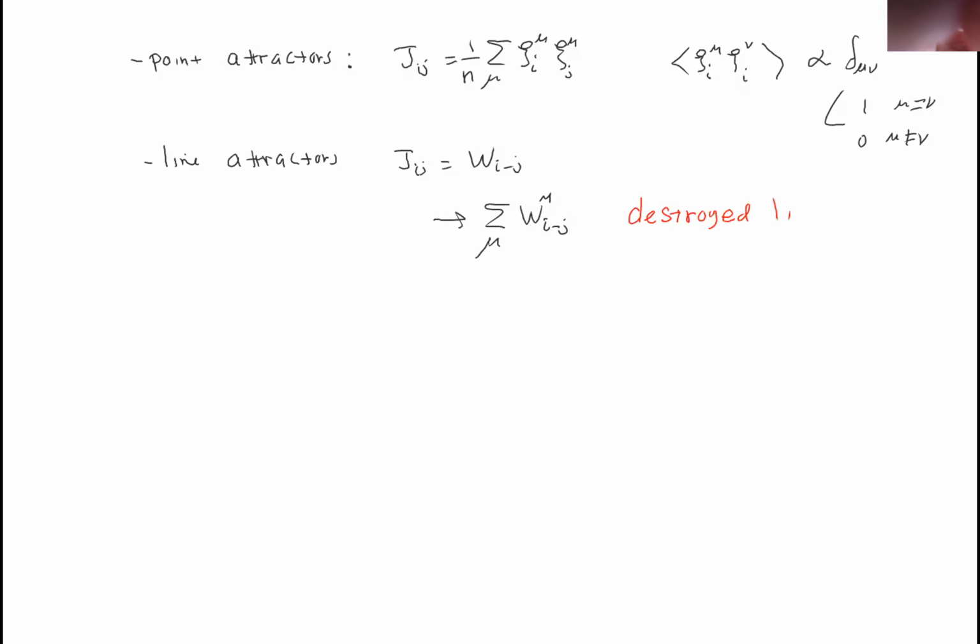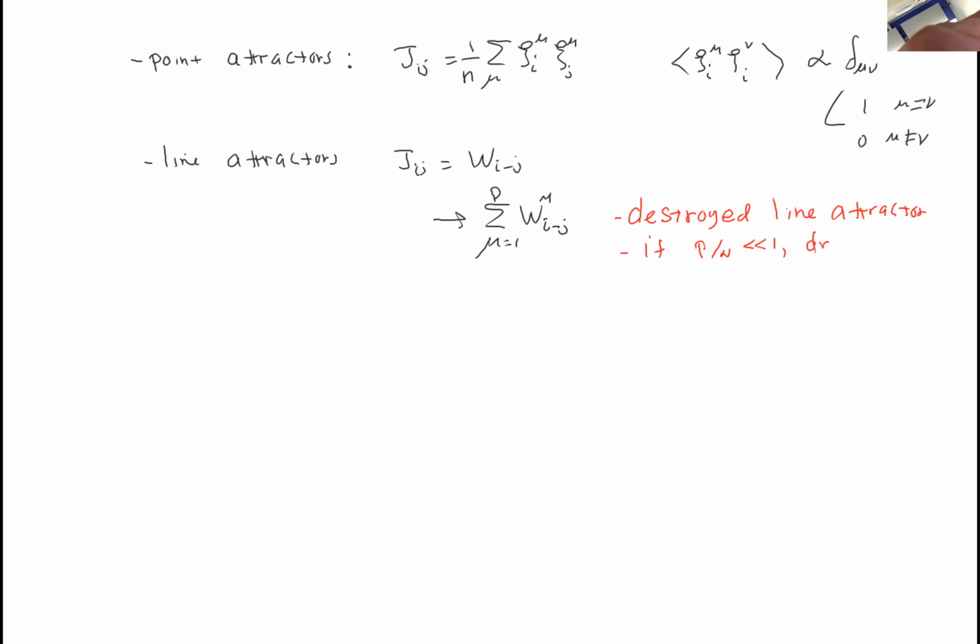So line attractors are very structurally unstable. Start with a line attractor and, if noise is added, mu equals 1 to P. If P over N is much less than 1, you get slow drift along the line attractor.